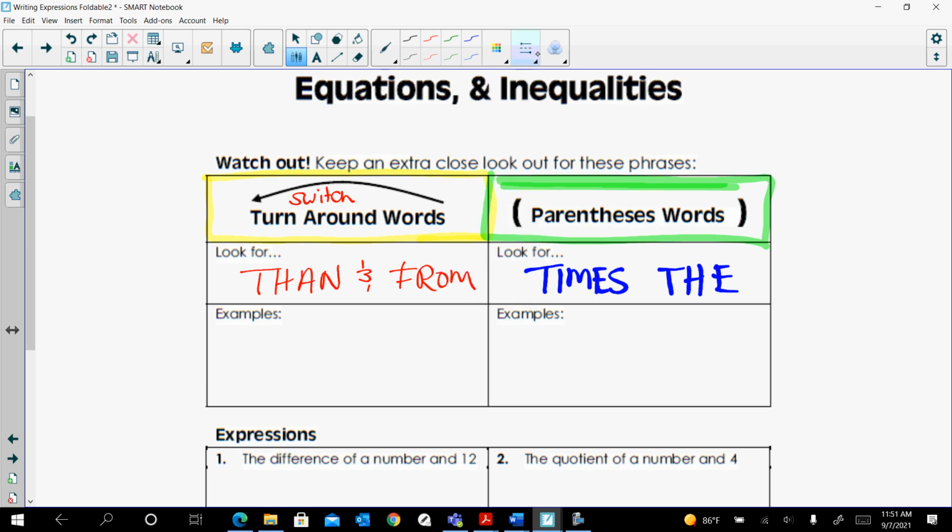So a turnaround phrase would be like less than. Okay, if I saw less than, that means I would switch the order. Or if I saw subtracted from. As long as I see that word than and that word from, that indicates to switch it around.